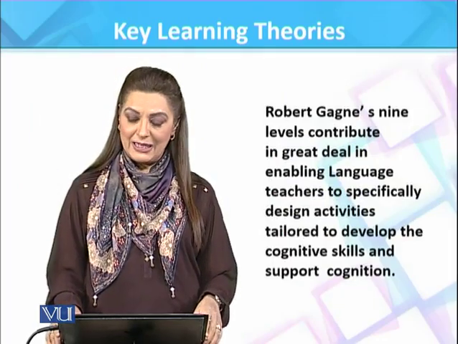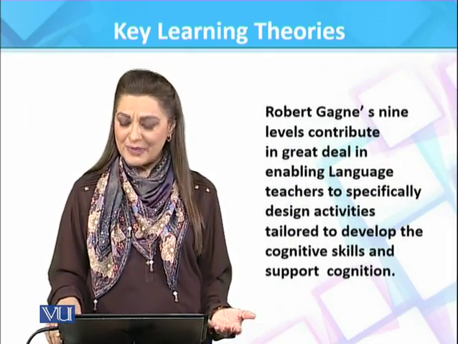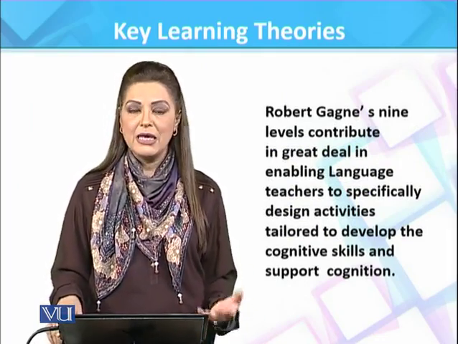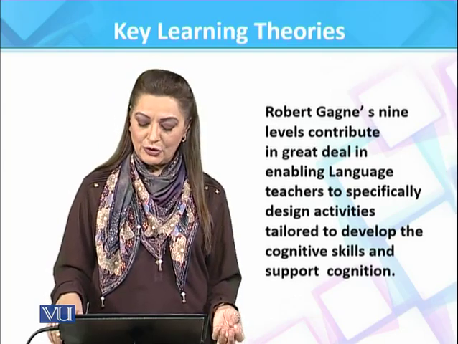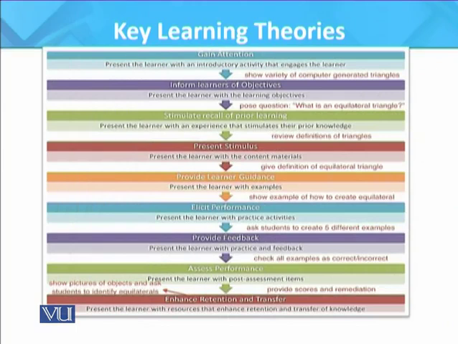Robert Gagne's 9 levels contribute a great deal in enabling language teachers to specifically design activities tailored to develop cognitive skills and support cognition. Now these are again suggested parameters or guidelines for teachers on how they can incorporate these levels in designing cognitive activities.